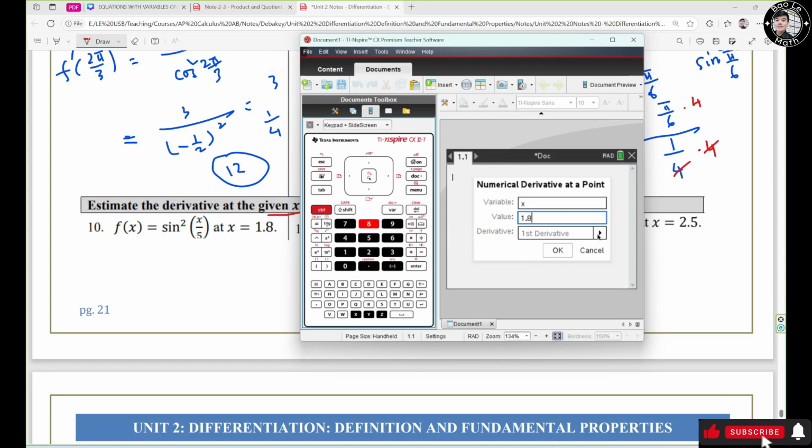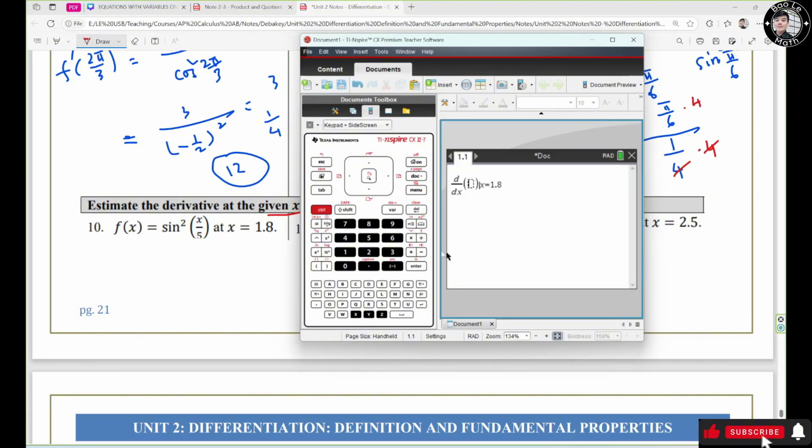If they want you to take a higher order derivative, you're going to click this one right here, right? So we just use the first derivative only, right? Hit OK. Now you need to put the parentheses right here. Since you have a square, you need to put another parenthesis. So hit trig right here, hit sine of s over 5, right?